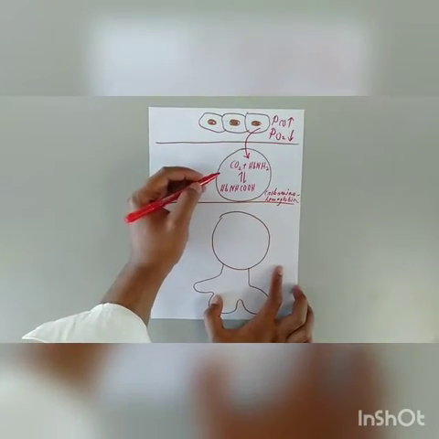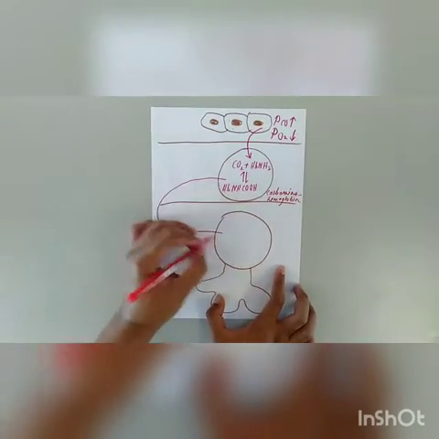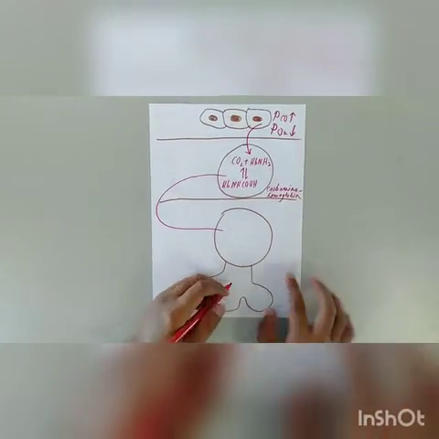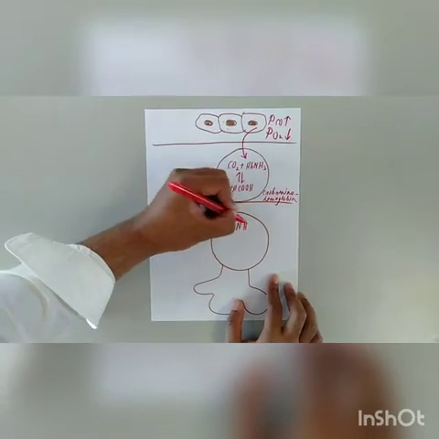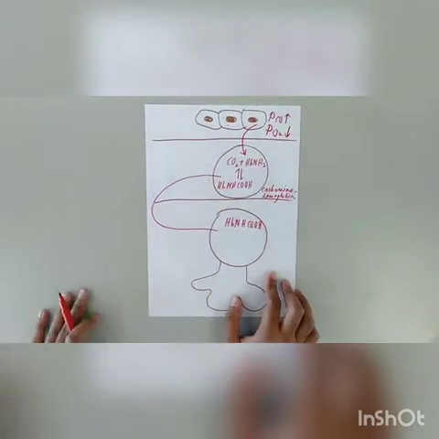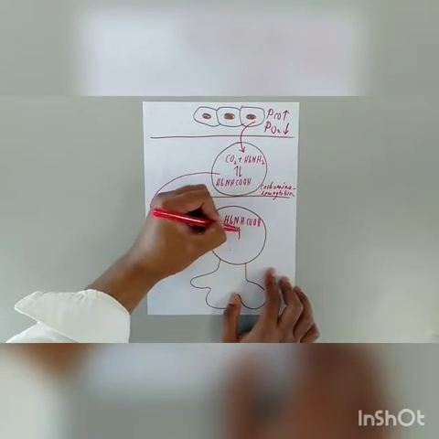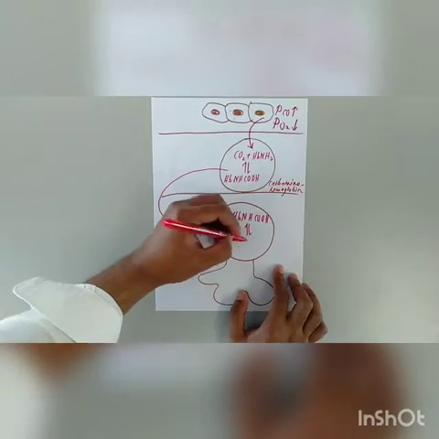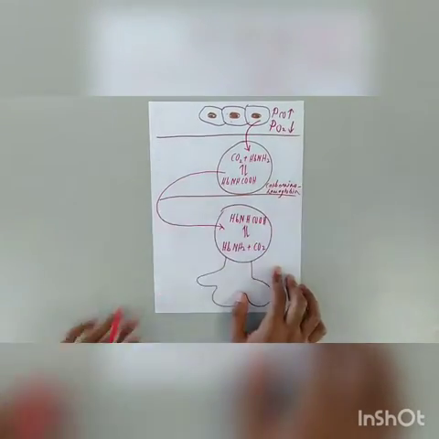This red blood cell will travel to the lung. So this is lung and this is alveoli. What we have here is carbaminohemoglobin. This carbaminohemoglobin will dissociate into hemoglobin and carbon dioxide.